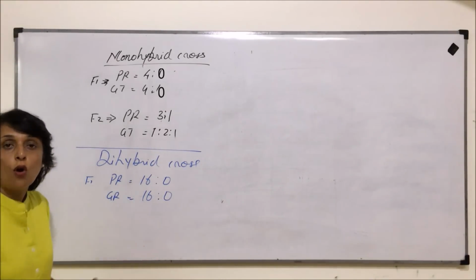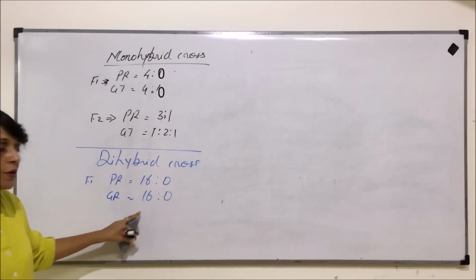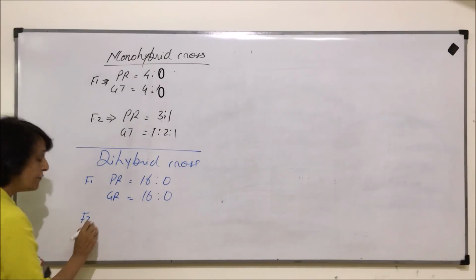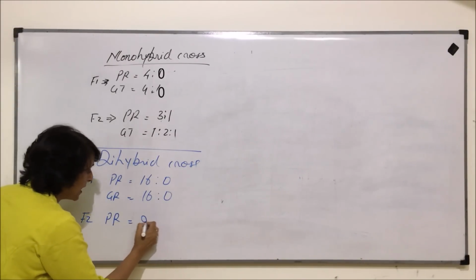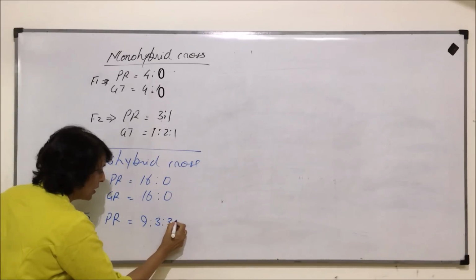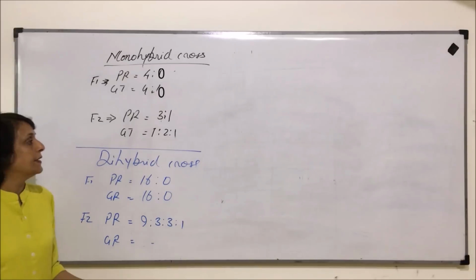All 16 were tall and purple and all 16 were heterozygous tall and heterozygous purple. In F2 we have found out phenotype ratio which is 9:3:3:1. Genotype ratio is what we will write down after some time.